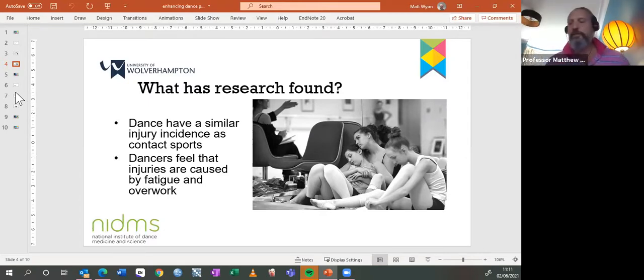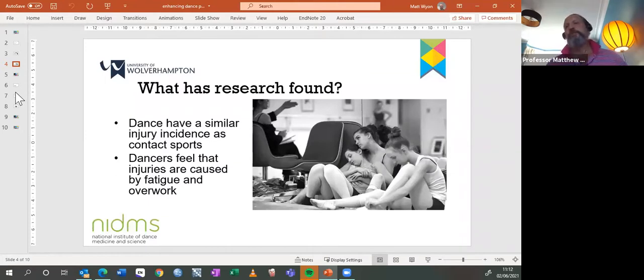And the research that Nick Allen did noted that the injuries were occurring during class and rehearsal more than they were in performance. And again, this is the opposite of what we see in sport. So in sport, there's been a lot of focus on reducing injuries during the training environment.